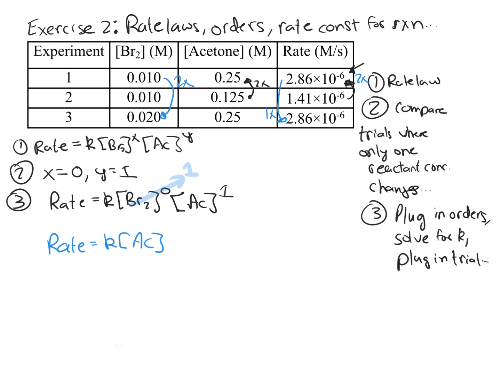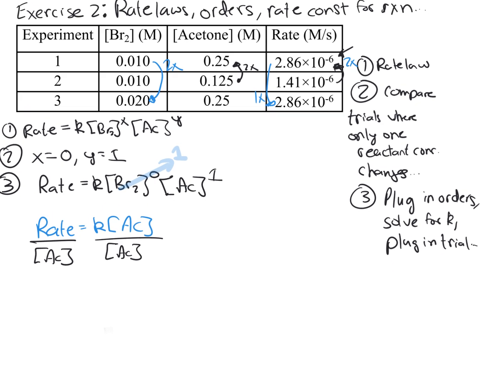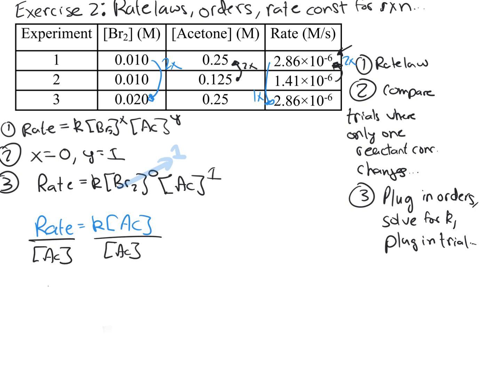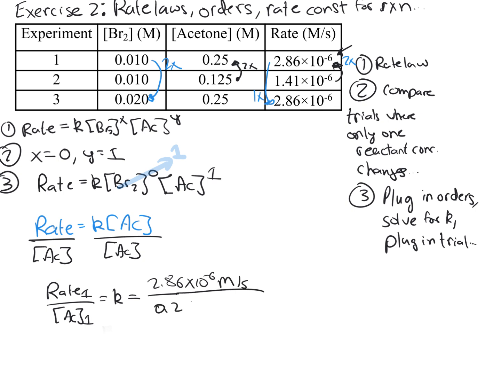Now, according to the next step, we need to solve for K, because that's what we're trying to find. Divide both sides by the concentration of acetone. Now I can plug in. I'll use trial 1: rate 1 over the concentration of acetone in trial 1 is equal to K, which is 2.86 times 10 to the minus 6 molar per second divided by 0.25 molar.